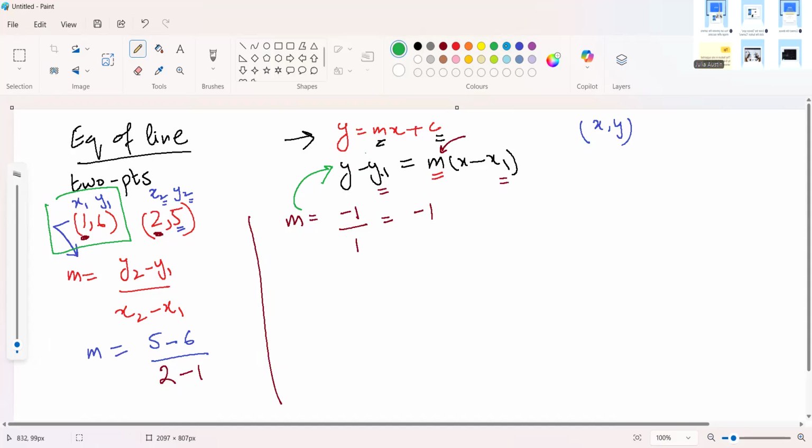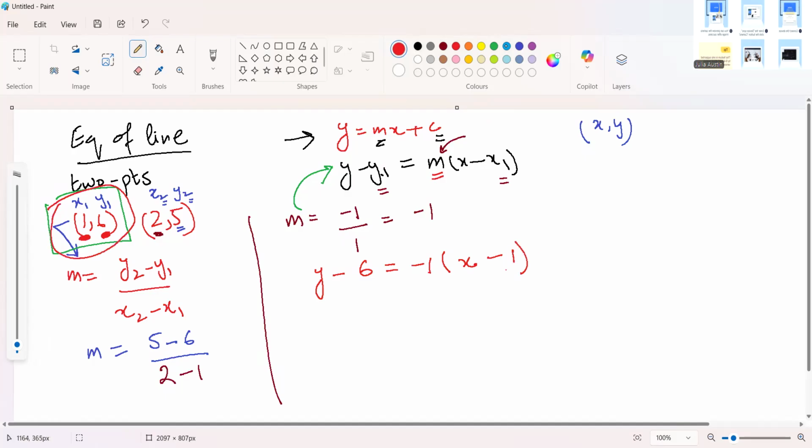So my equation will become, the first y will remain as it is, minus the value of y1, which you can see from here is 6, is equal to the gradient we just found, negative 1. And in place of x is x, and in place of x1, I'm going to use this 1, which I already named here. I'm going to circle this (x1, y1).